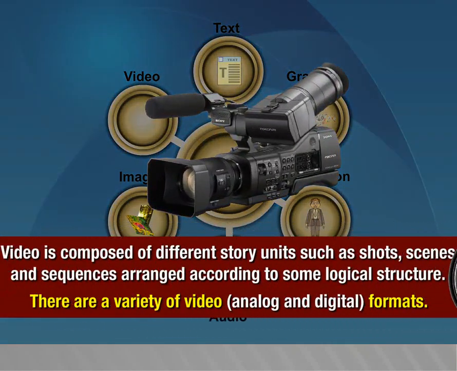Video. Video is composed of different story units such as shots, scenes, and sequences arranged according to some logical structure. There are a variety of video formats, that is analog and digital.